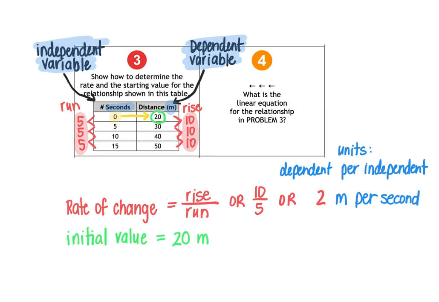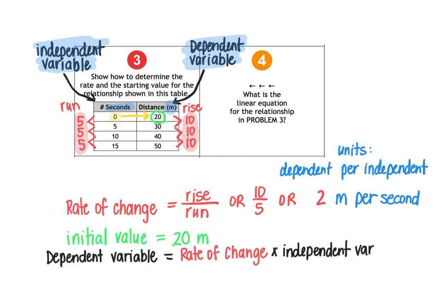To find the equation for this relationship, we will use our linear equation model of dependent variable equals rate of change times independent variable plus initial value, and we'll substitute the numbers and the information that we know. We'll need a letter for our dependent variable, which we can look to in the second column of our table. So D for distance would work in this case.